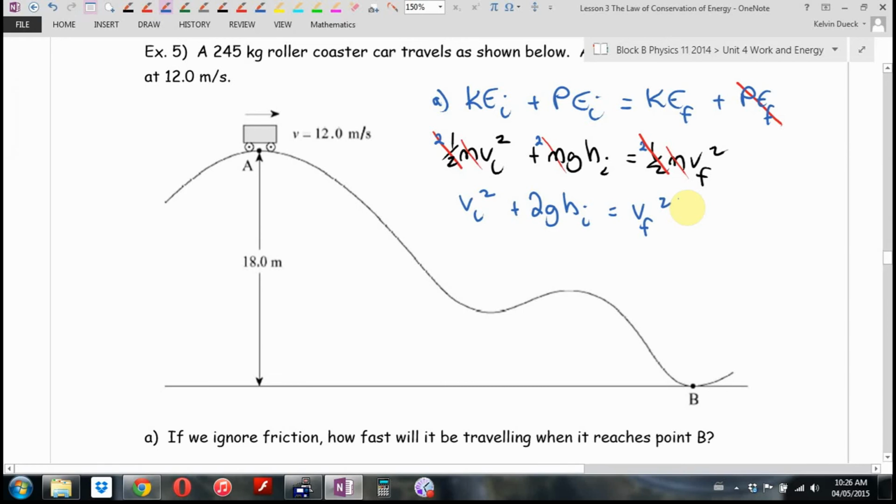You may recall somewhere around Halloween, Remembrance Day, I gave you this equation. Remember that one? And I told you that I would show you where it came from someday. Isn't G acceleration?